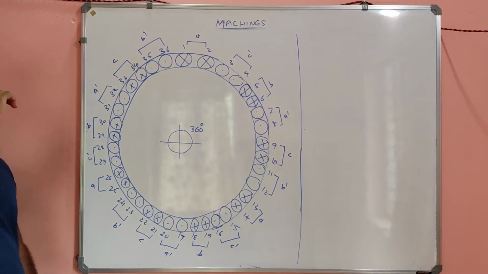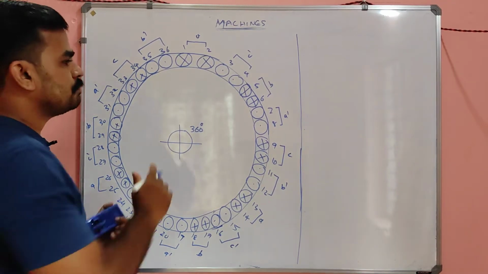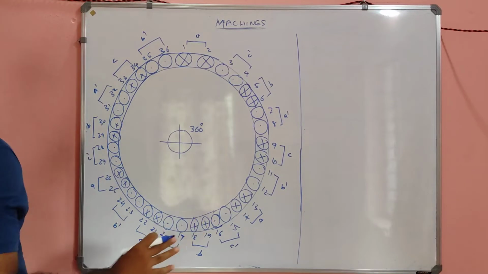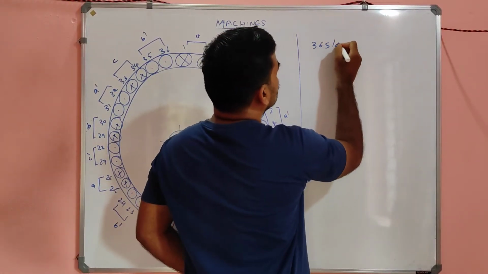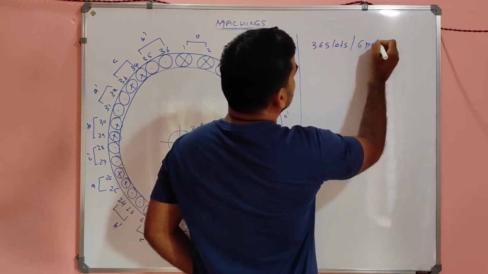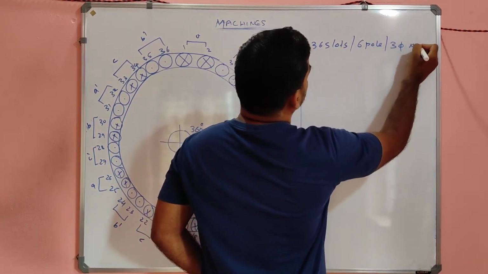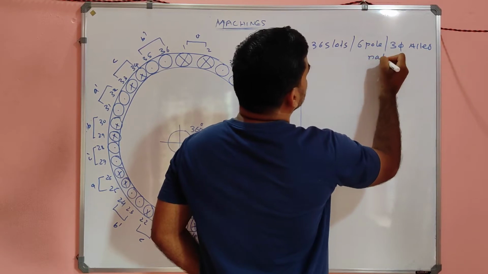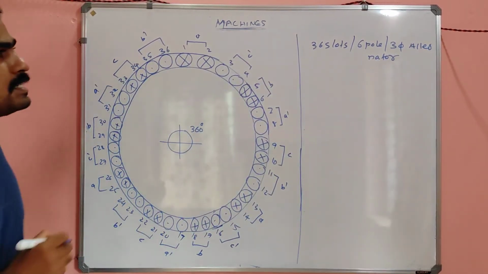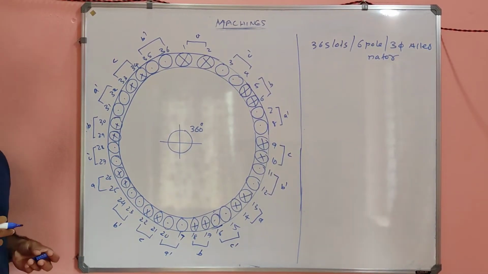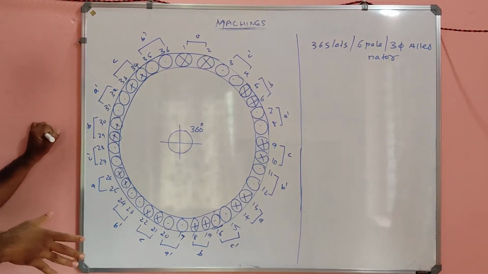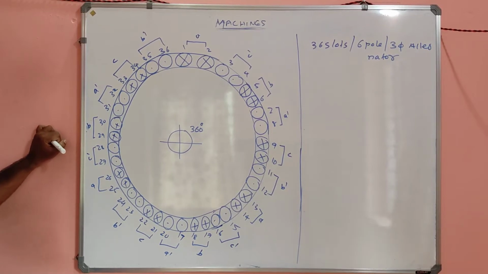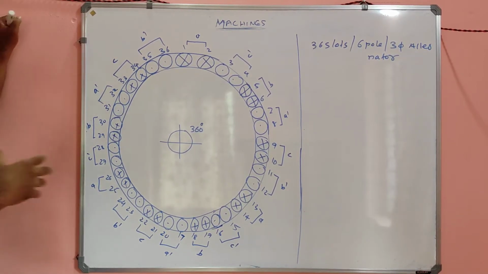So this machine I already wound. This is a 36 slot, 6 pole, 3 phase alternator, which means we will get a 3 phase output supply, and the machine contains 36 slots.